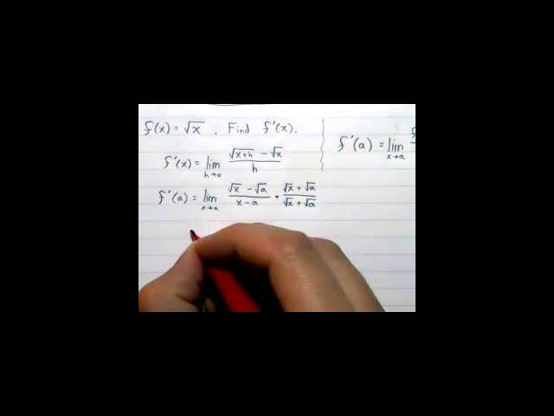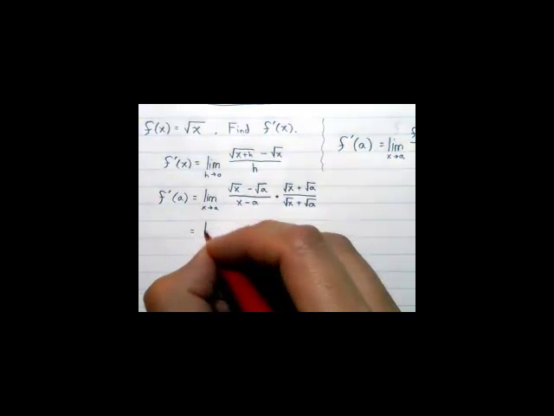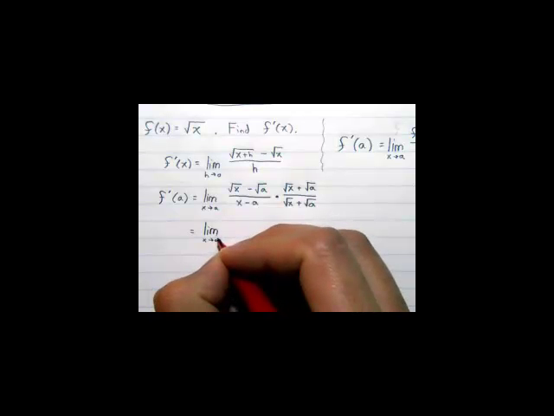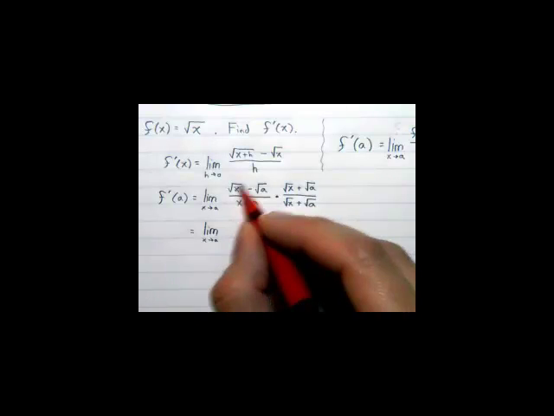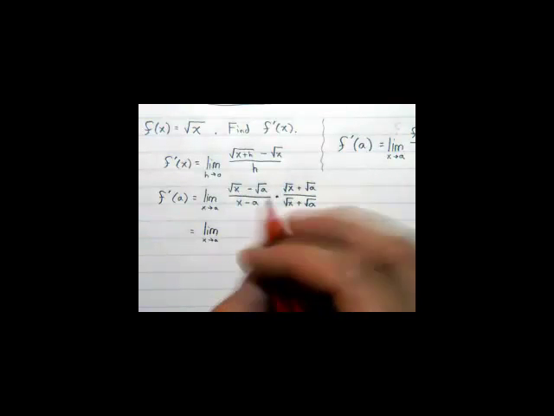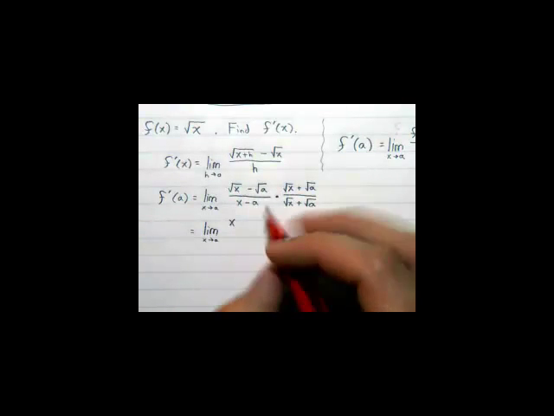So take a look at what happens next here. So we have the limit as x goes to a. On the top, square root of x times the square root of x would be just x.